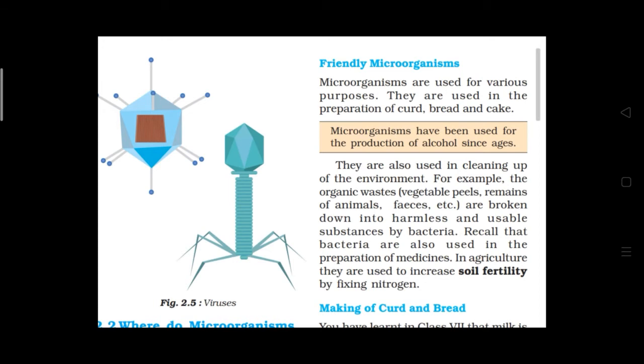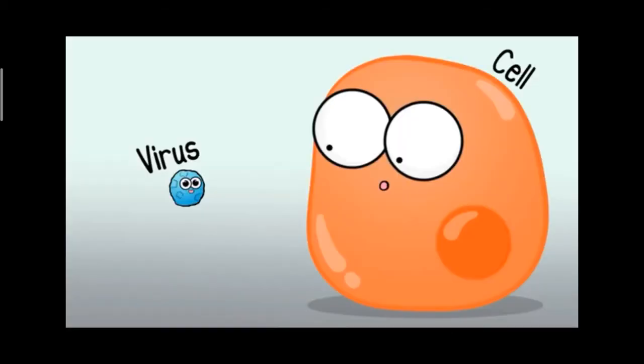And viruses. Viruses are also microscopic. They can reproduce only inside the cells of the host organism. Viruses are very tiny. They are smaller than a bacteria. They are much smaller than a cell.